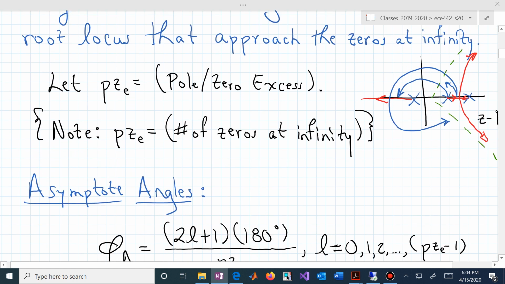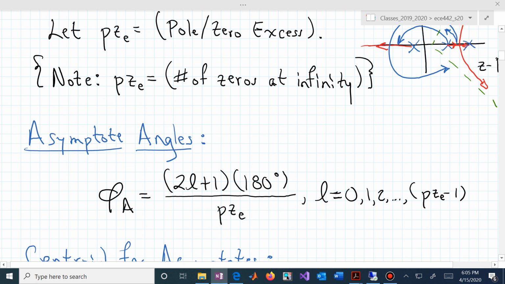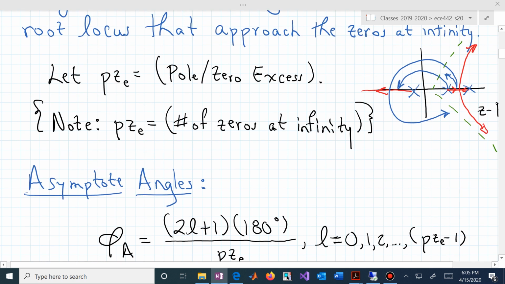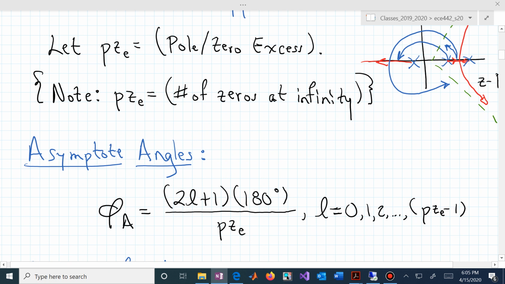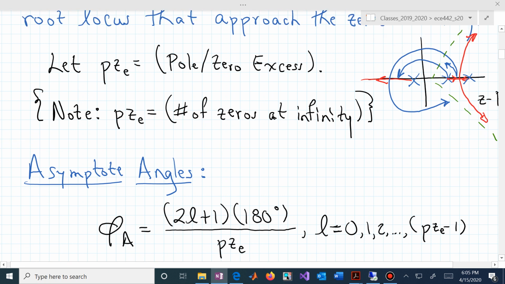And again, these asymptote angles are subdividing our z-plane into uniform pieces. And here you can see that the z-plane gets split into 3 different pieces, each separated by an angle of 120 degrees. In this case, our fundamental angle, phi sub A, is when L is equal to 0. That's 60 degrees.